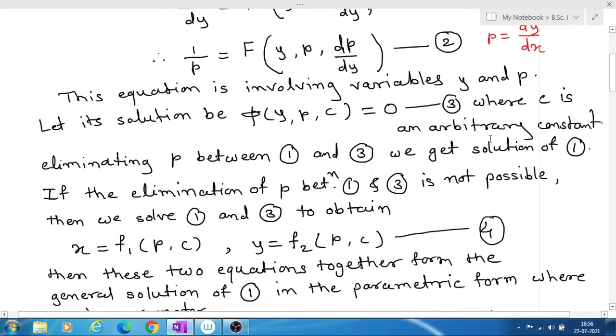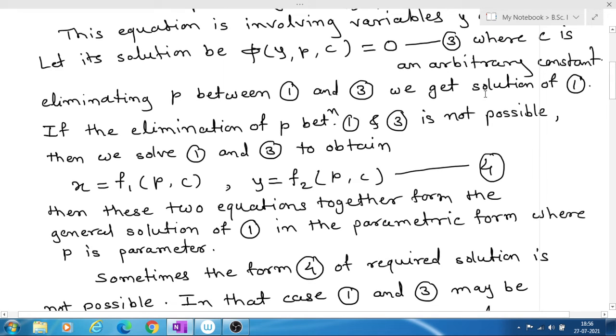C is an arbitrary constant. Then from this solution, equation 3, and our equation, that is equation number 1, from these two equations we eliminate p and we get the solution of our equation 1.